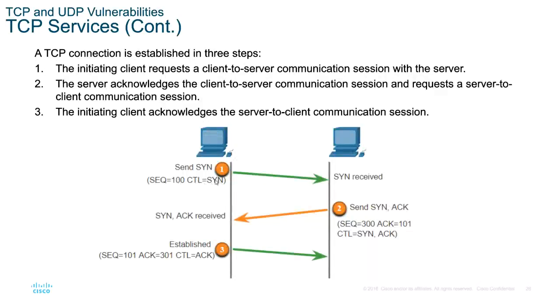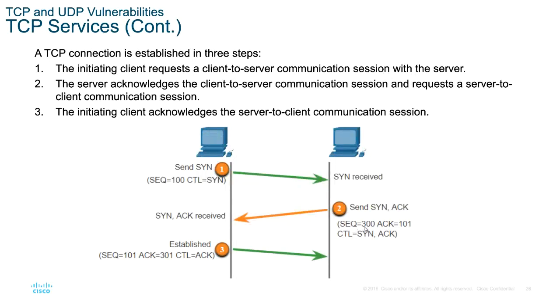And in the control, it'll say synchronizing. So it's basically asking for communication to start to be established. The destination will send its own synchronization to start its conversation, as well as acknowledge the receipt of the synchronization from the originator.